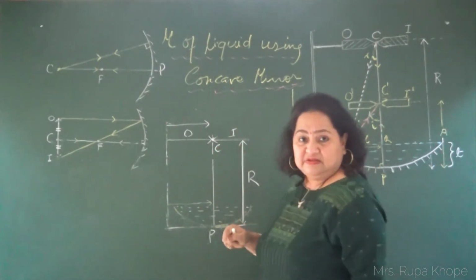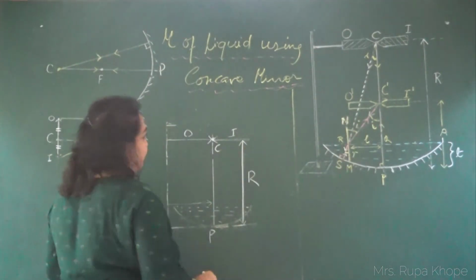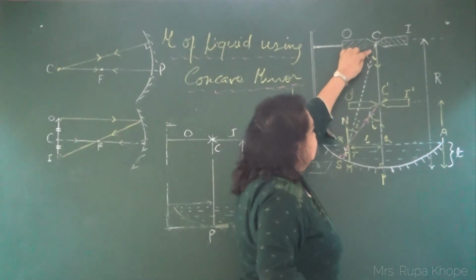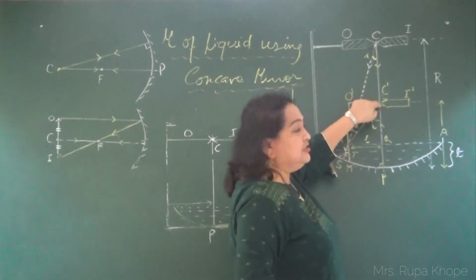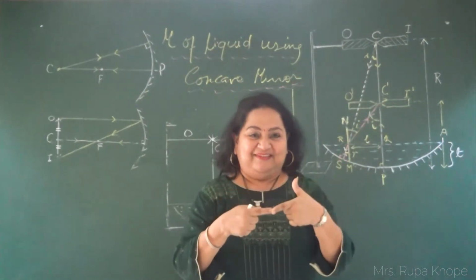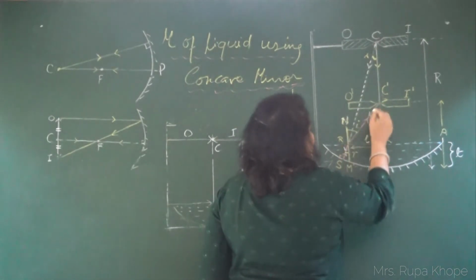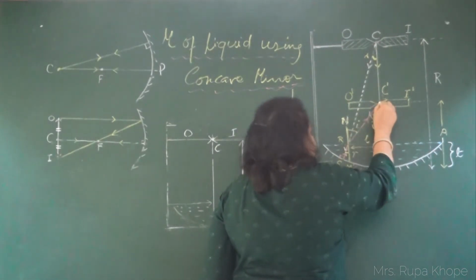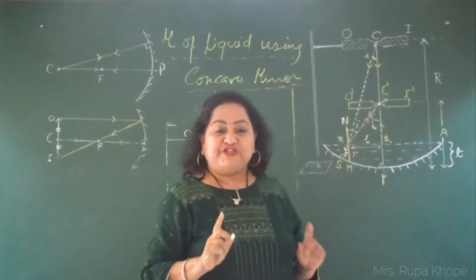We need to see where it has appeared. So in the second part of the experiment, from this position we bring the object down. At one particular position, we get the image and object moving together. And when they start moving together, that means this point has to be the apparent center of curvature because of the shift.